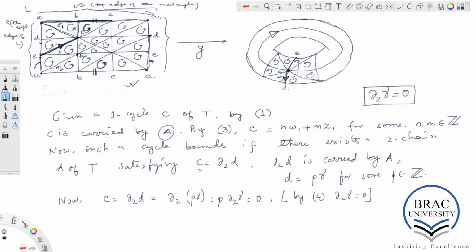So which means that we thus find that the one cycle C bounds implies that C is trivial, or in other words, C is equal to 0, right?